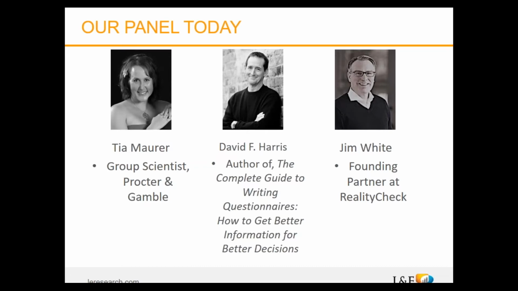There are 5 key decisions that all brands need to make. What benefit are you offering? Who are the target or targets? How do you position the product to each of those targets? What story do you tell, what messages do you tell to convey that positioning? And then how do you deliver that story, that positioning, to each of the targets?